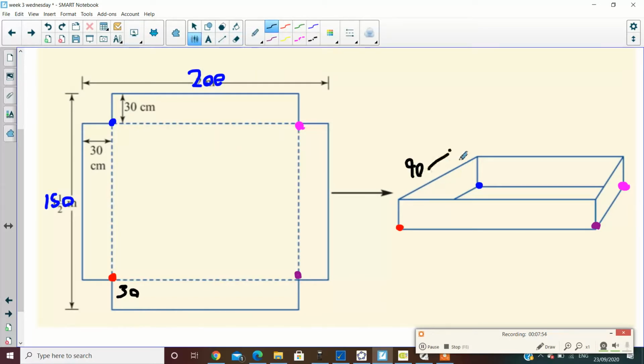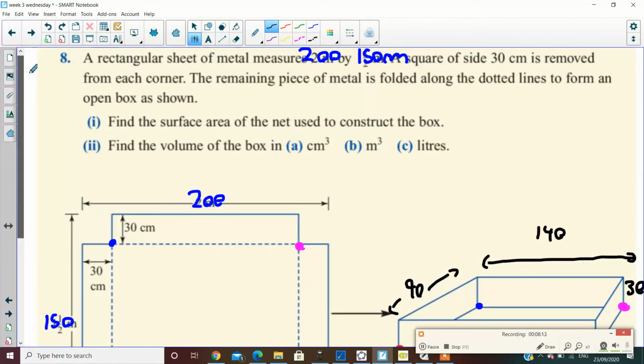So it's 90 in this direction here. What is it from blue to pink? 200 take away 60, which would be 140. And the actual height is how much you folded it up by, which will be? Anybody? 30.